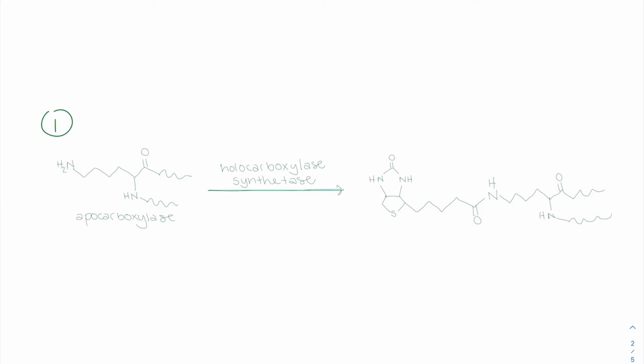You remember the biotin above. This is our biotin. So it gets attached, but how does it do that? Holocarboxylase synthetase. That is how the biotin attaches to this carboxylase. Holocarboxylase synthetase is what covalently attaches biotin to the enzyme partners.